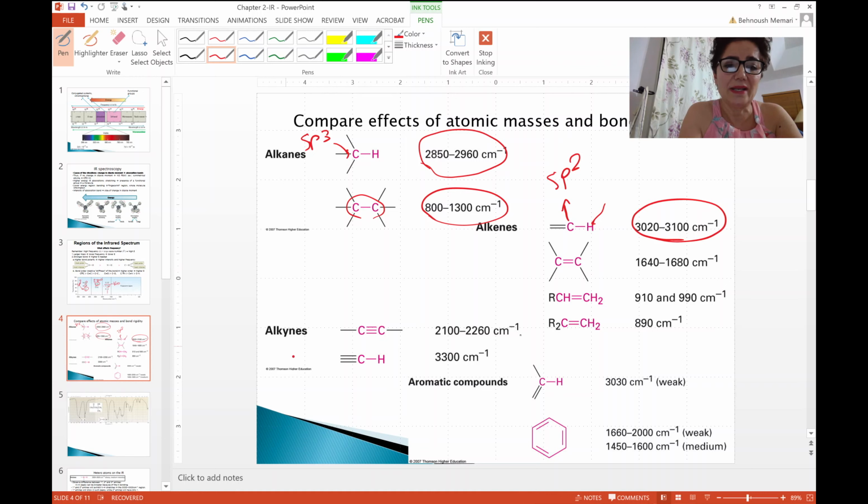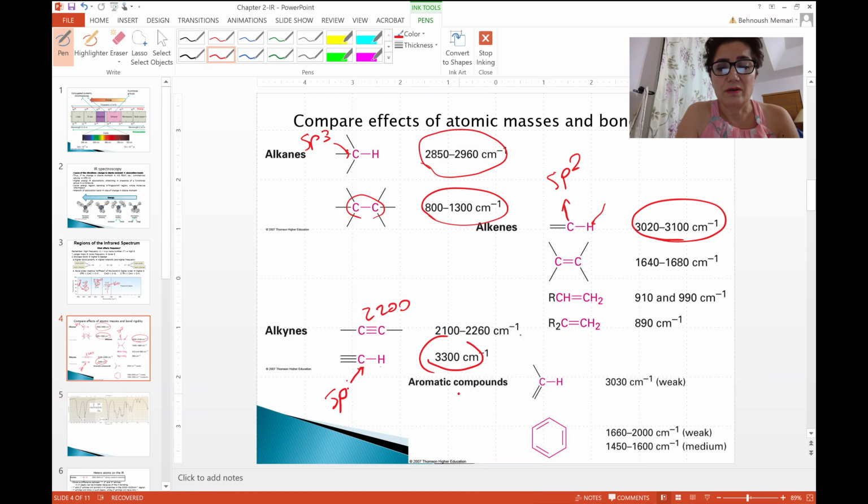For alkyne, however, we have a triple bond that appears at 2200, and the CH for alkyne, this carbon is sp hybrid, and the hydrogen attached to an sp hybrid carbon appears at 3300. The terminal alkyne has hydrogen, but if the alkyne is an internal alkyne, there would be no hydrogen.